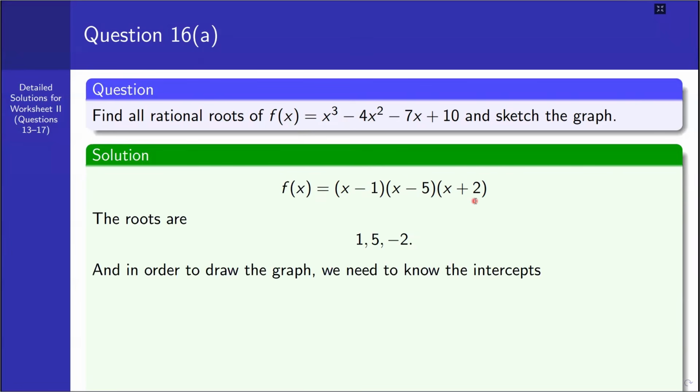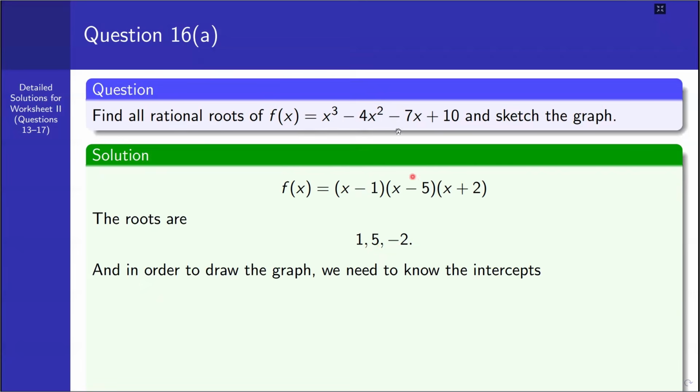But in order to draw the graph of the given polynomial function, we need to find the intercepts, that is the x-intercept and the y-intercept. Actually, in the case of a polynomial function, the x-intercept means the point at which the graph of the given polynomial function is intersecting the horizontal axis or x-axis, and these points are just the zeros of the given polynomial function.